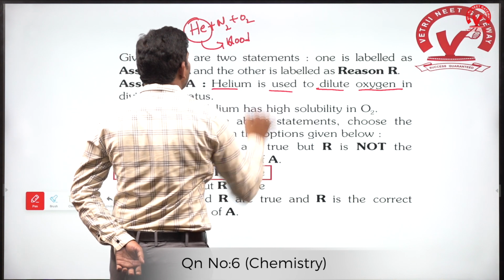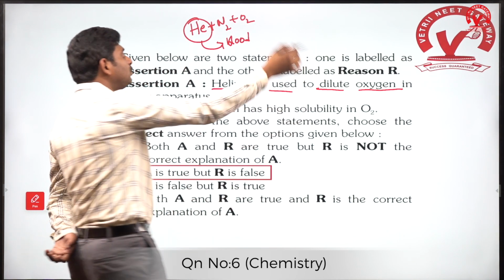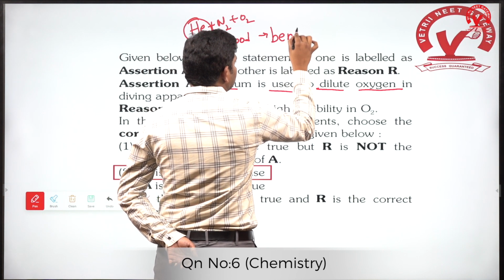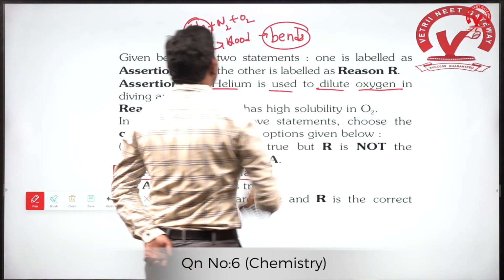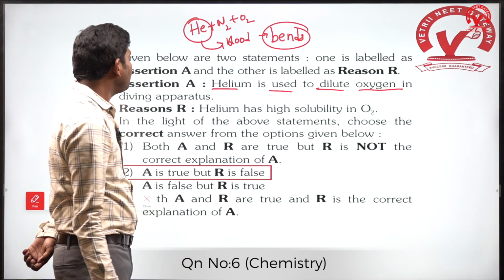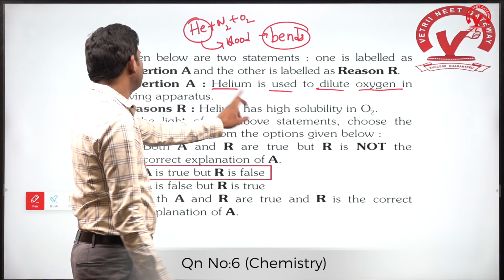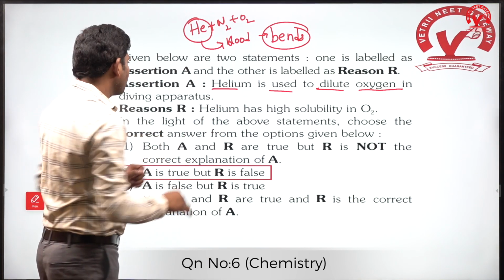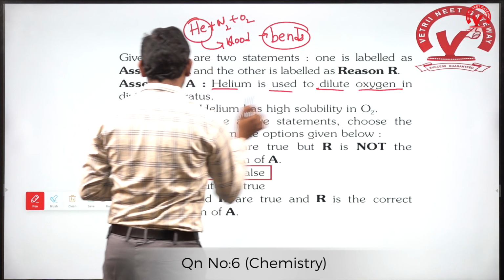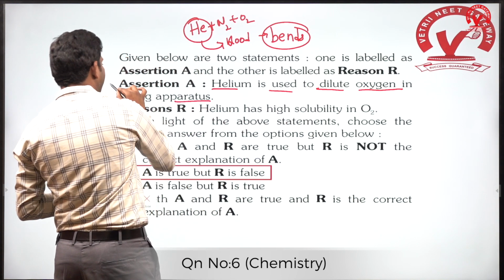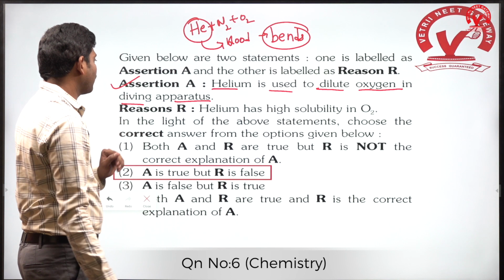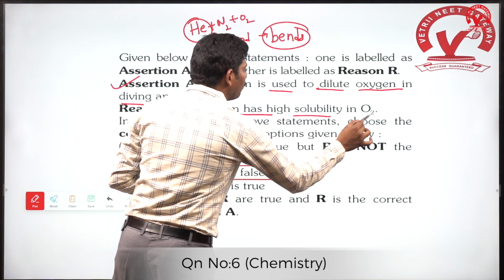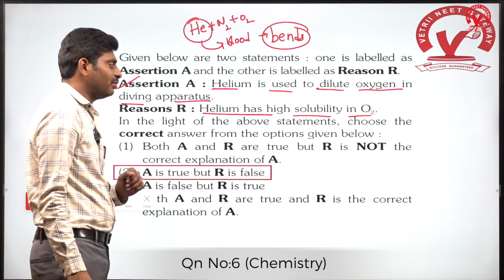To decrease the problem of bends, they are using helium gas. The tanks are filled with helium because helium is less soluble in the blood. So helium is used to dilute oxygen in diving apparatus. Yes, the assertion is correct. Reason: helium has high solubility in O2.